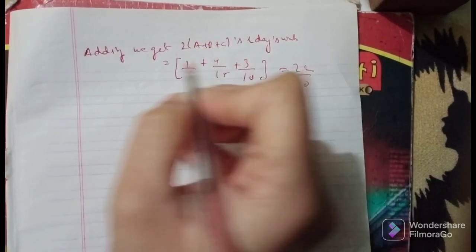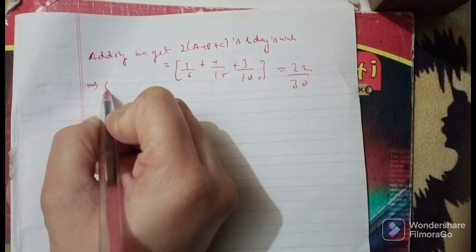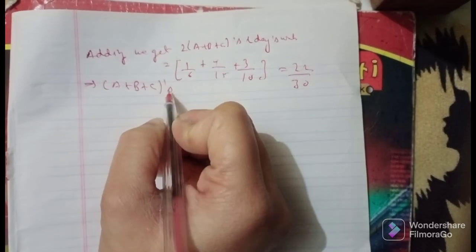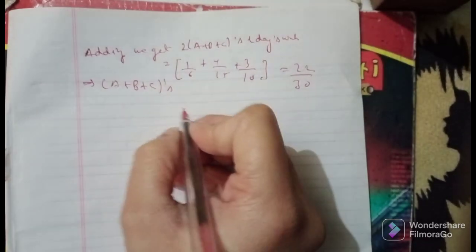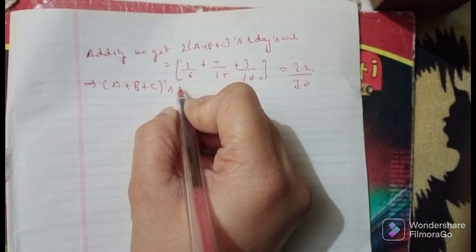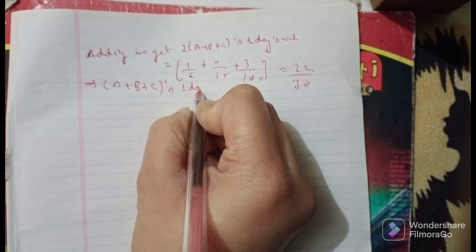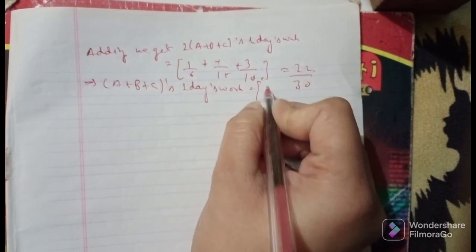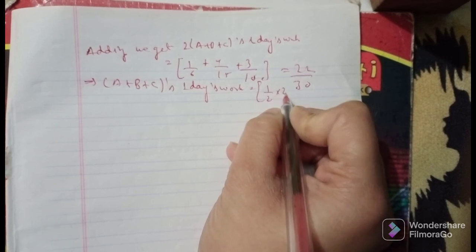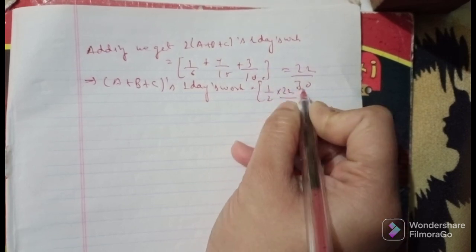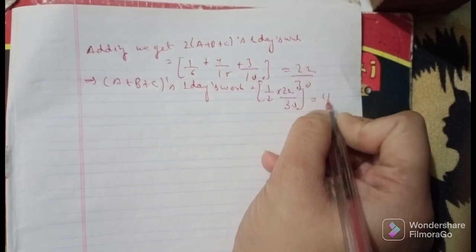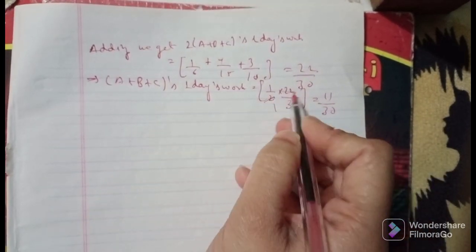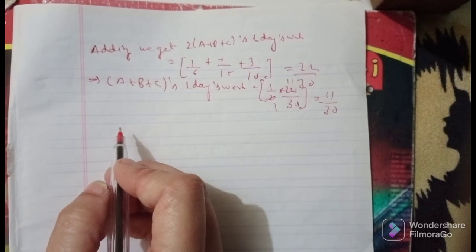Now coming towards A plus B plus C's 1 day's work equals 1 by 2 into 22 by 30 equals 11 by 30, because 2 ones are 2, 2 11s are 22.